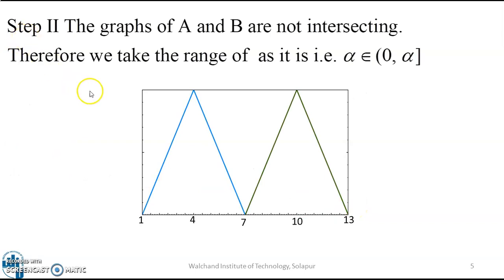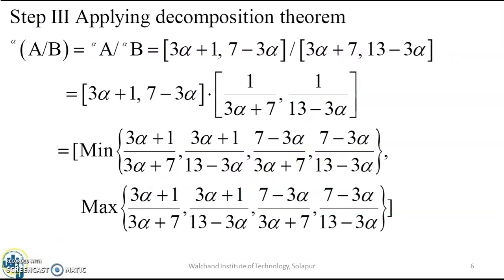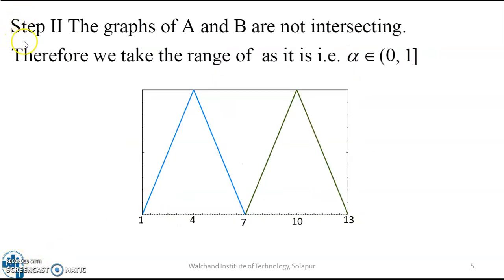Step number 2 is drawing the graphs of the fuzzy numbers A and B and observing the points of intersection above the x-axis. Now this is the graph. Above the x-axis means the gradation will be non-zero.